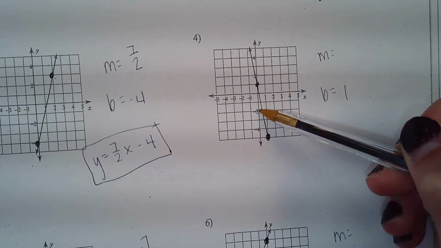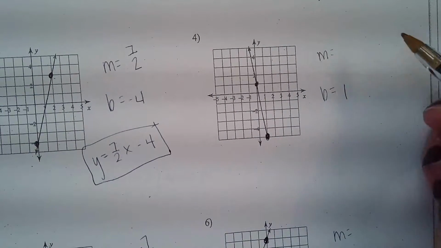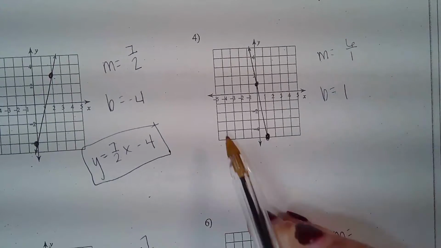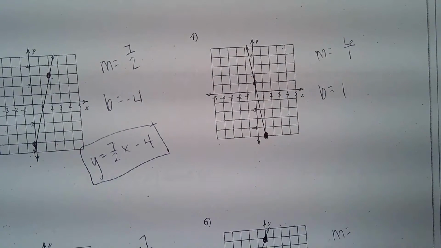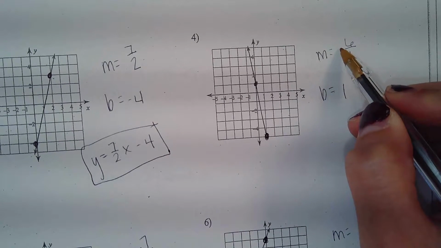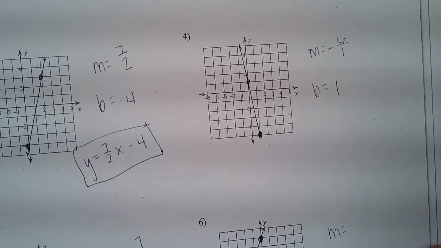One, 2, 3, 4, 5, 6. Is it 6? Yeah, 6. And then over how many? And does the slope go up or down? So it's positive or negative? Negative. Are we all right with that, y'all?